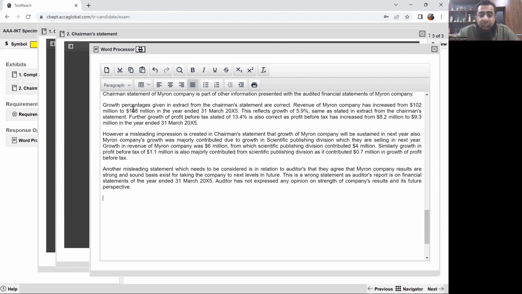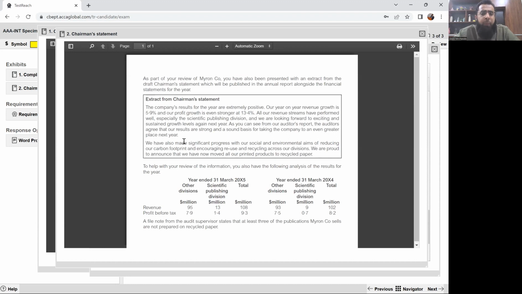And the last thing, if you remember in the chairman's statement, because we have read this paragraph also: we have also made significant progress with our social and environmental aims of reducing our carbon footprint and encouraging reuse and recycling across our division. We are proud to announce that we have moved all our printed products to recycled product. And if you remember, the audit supervisor has identified that at least 3 publications of Myron company are not on recycled paper.